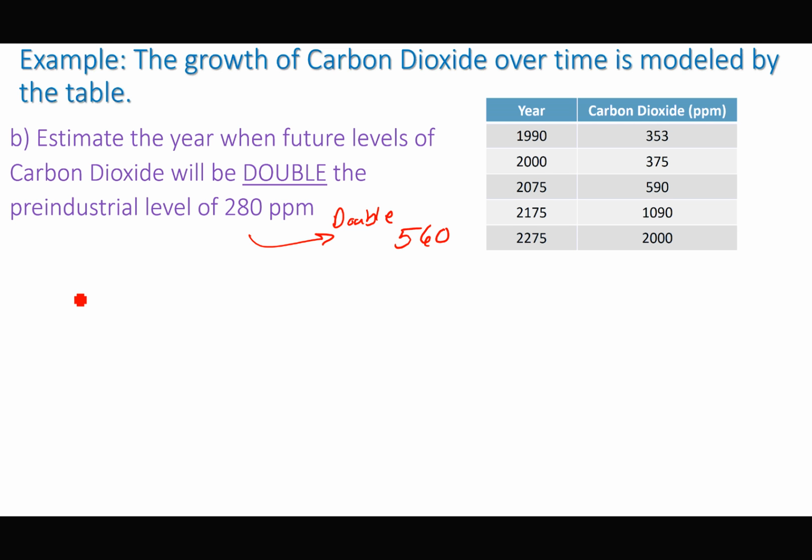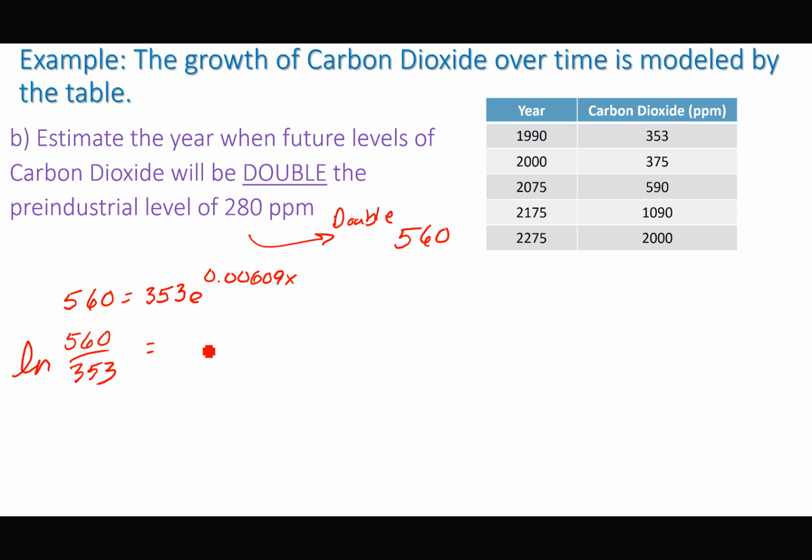So now using my equation that we found in part A, I'm going to say 560 now equals 353 e to the 0.00609x. So now I'm trying to figure out x, which represents the years. All right, same process. I'm going to divide out that 353.